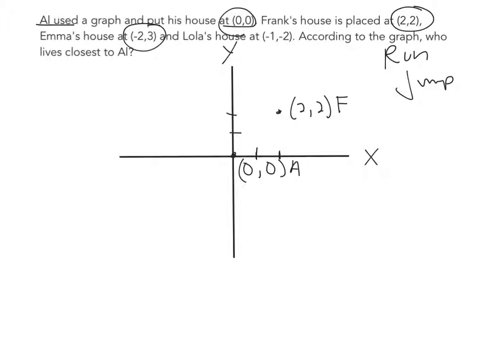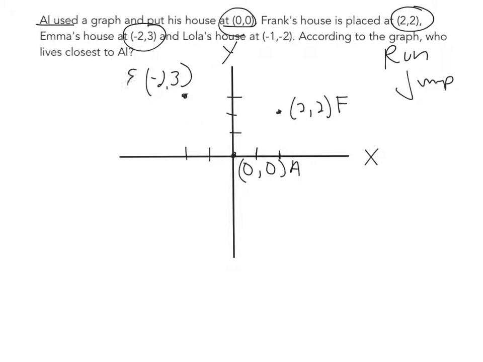My next house is at negative 2, 3, so this is going backwards on my x-axis. Negative 2, I'm running backwards 2, and I'm jumping 3. I'm jumping positive 3, so 1, 2, 3. It's going to put me here. And I want to label that also, negative 2, 3.